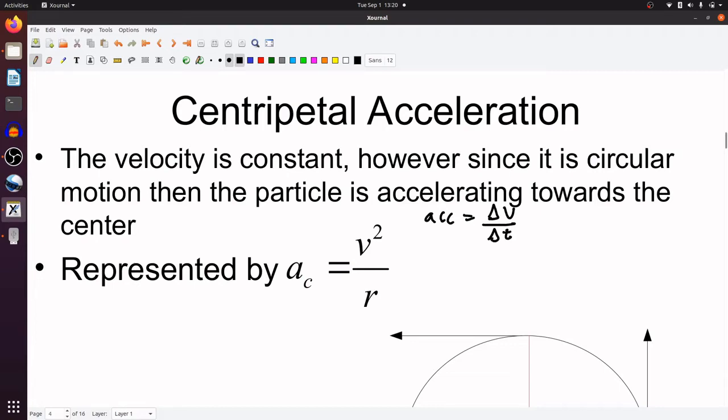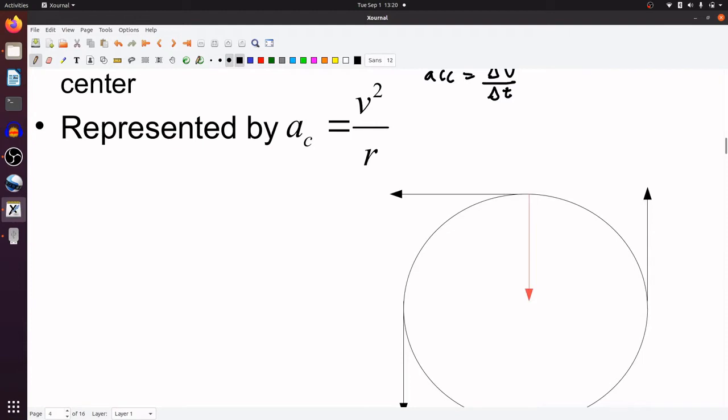What this is saying is that if we're going in a circle, we can have a constant speed, and that will result in acceleration, which makes no sense. How can we have acceleration if it's a change in velocity over change in time? Well, it is the change in velocity over change in time.